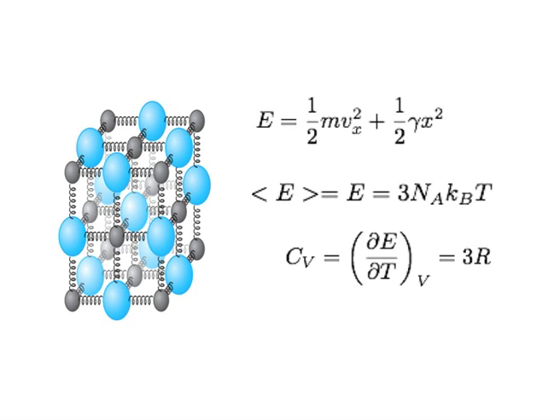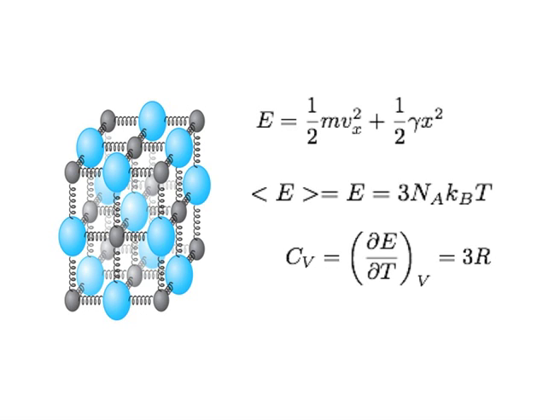When they are vibrating, they will have kinetic energy, shown on the monitor as half mv square, and potential energy, shown as half gamma x square. So the average energy is taken as 3 Na kB T. Here kB is the Boltzmann constant, T is the temperature, Na is the Avogadro number. Cv is equal to ∂E by ∂T, that happens to be 3R.